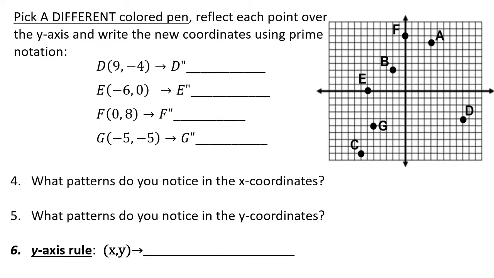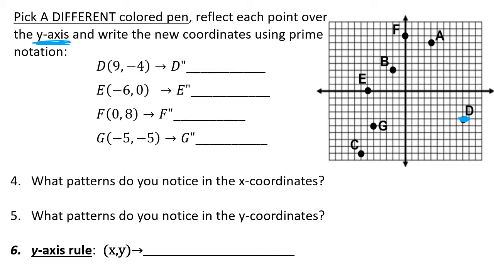All right, so now pick a different color pen, and I want you to reflect the points this time over the y-axis. So if I take point D right here and reflect it over the y-axis, I'm 1, 2, 3, 4, 5, 6, 7, 8, 9 units away.